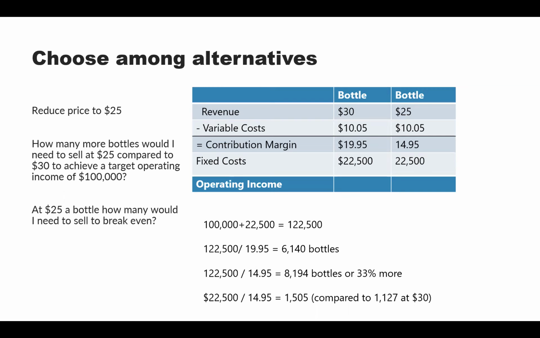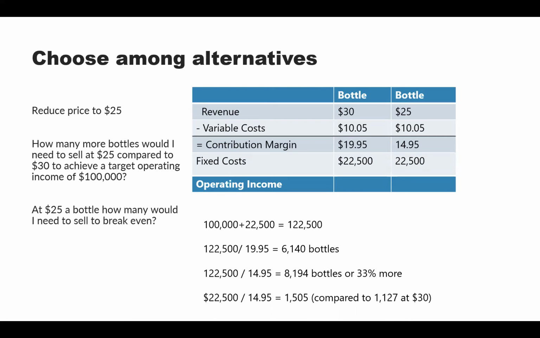It's the same again, the 122,500 divided by 19.95, that contribution margin for bottles at $30, is 6,140 bottles to sell. If I lower the price to $25 a bottle, that contribution margin is now $14.95. So I divide the 122,500 by 14.95.